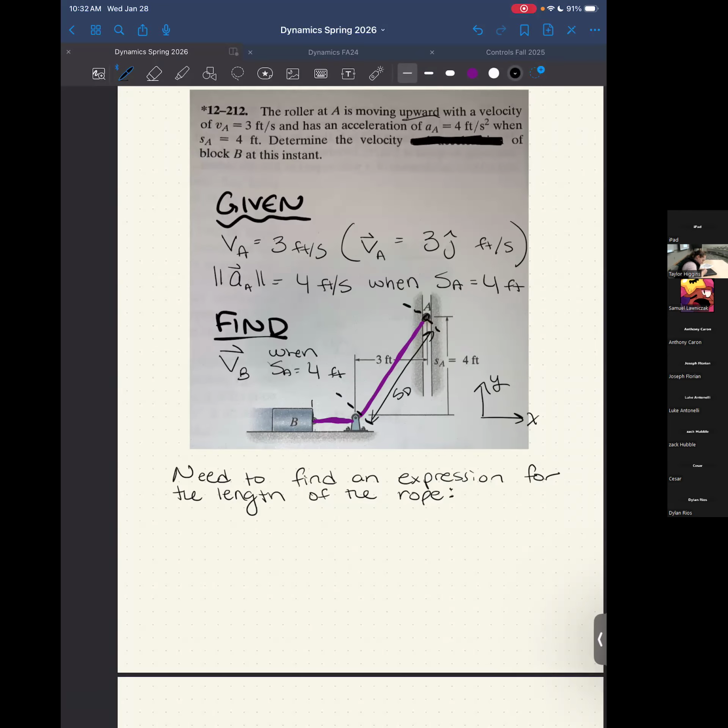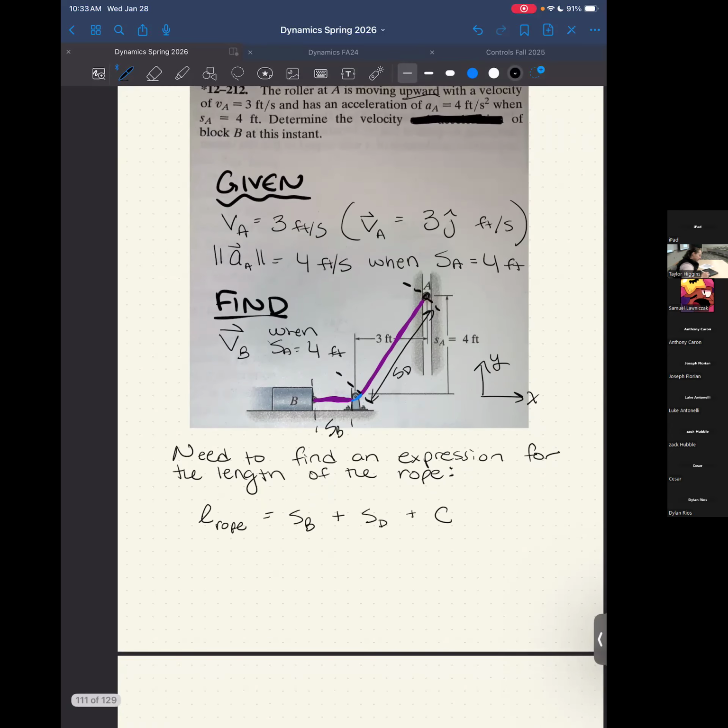And then there's also this distance between block B and the edge of the pulley. And of course, there's some constant amount of rope that wraps around the pulley. We're not going to worry too much about that piece. Okay, so the length of the rope is equal to SB plus SD plus some constant amount.